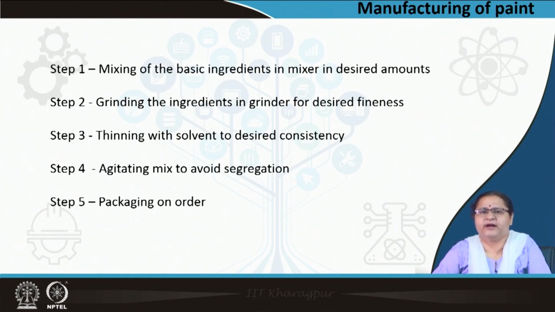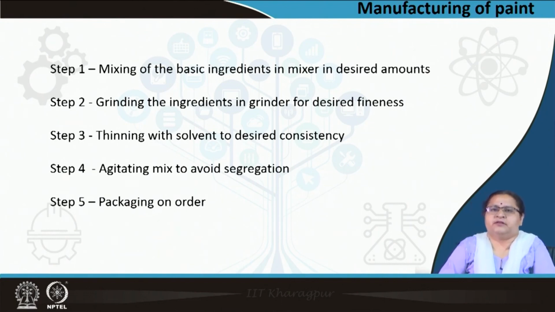So once you are keeping it agitated, it is not separating out, and when there is order placed, you only then tap it out and pack it. So until order is placed, you are not packing it, because once you pack it, you cannot agitate it.